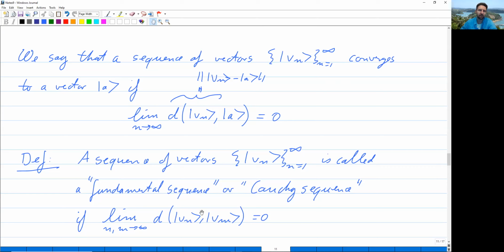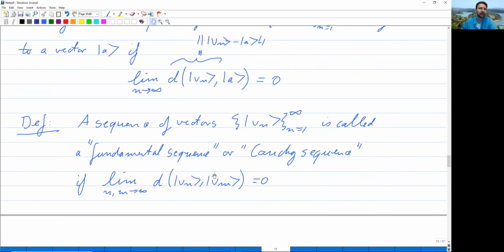They become closer and closer and closer. So you would expect that every fundamental sequence is convergent, just because subsequent vectors become closer and closer. So we would suspect that fundamental sequences all have some vector A belonging to them towards which they converge. But that is not trivial. That's not generally automatically true.